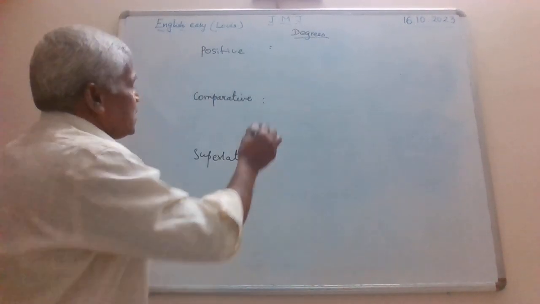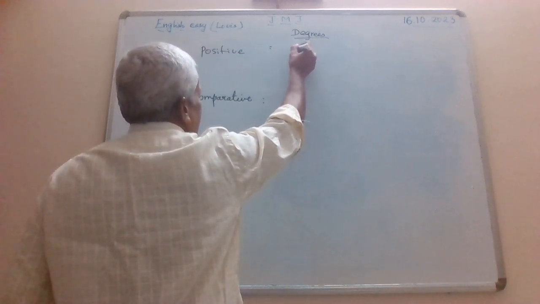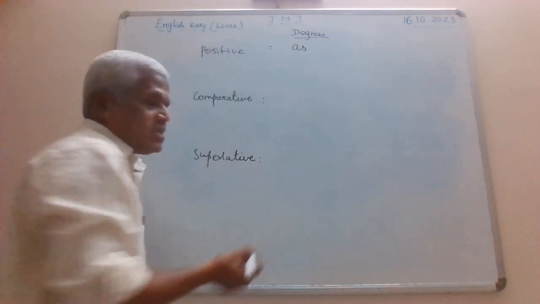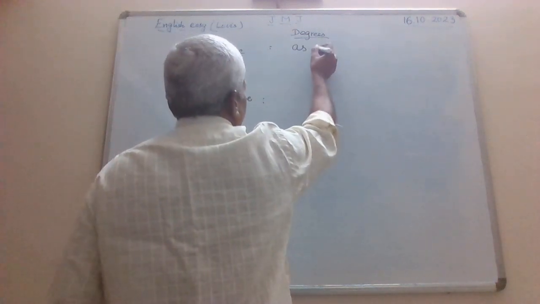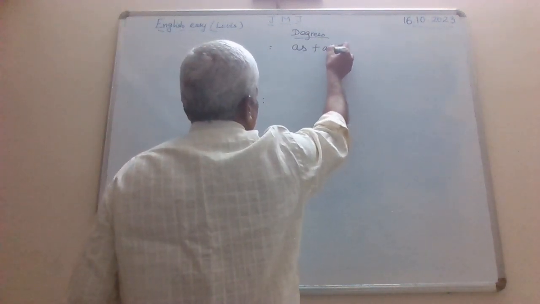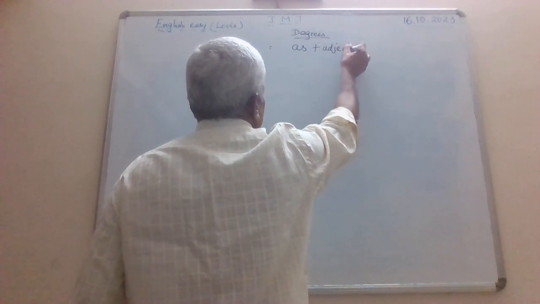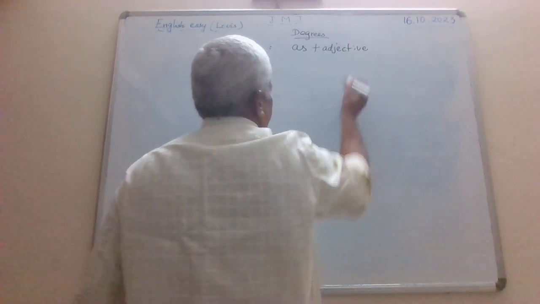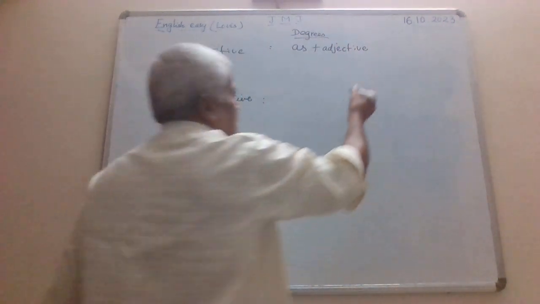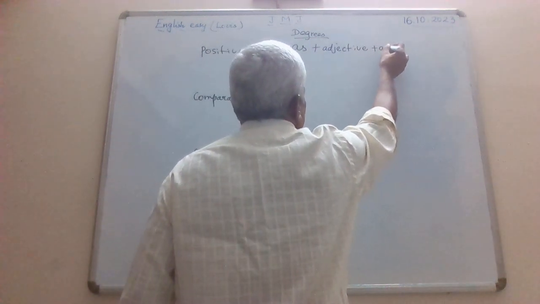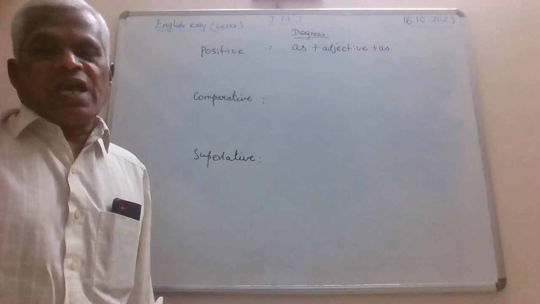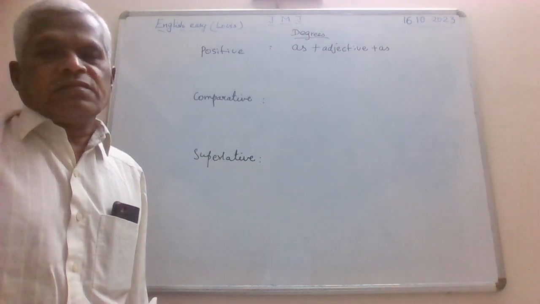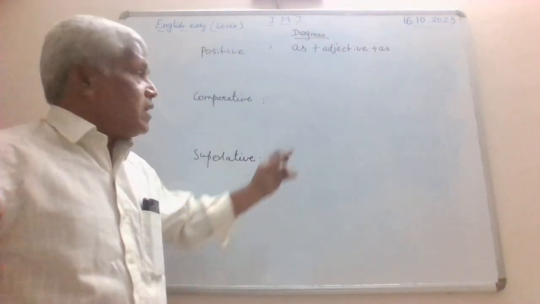See, for positive degree, we begin with as. We begin with as, and adjective. And then we need to complete this format with as. I'll come back to that later.